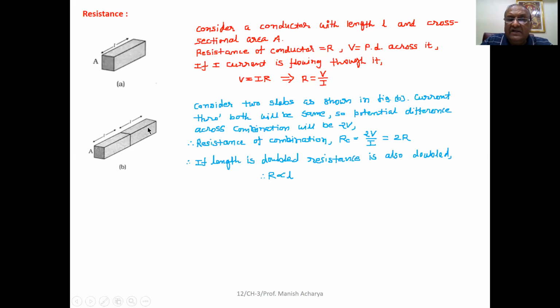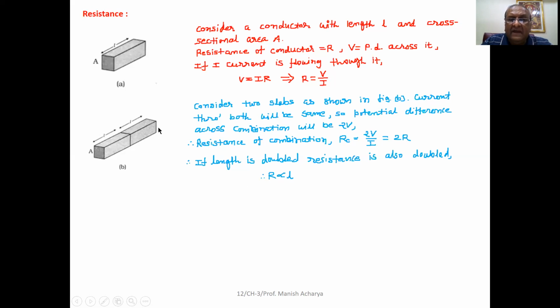So resultantly, you can write the resistance of the entire combination is equal to 2V upon I. But V by I is the resistance of one conductor, so the resistance of the combination is equal to 2R.